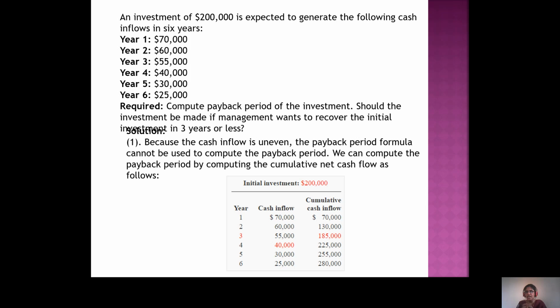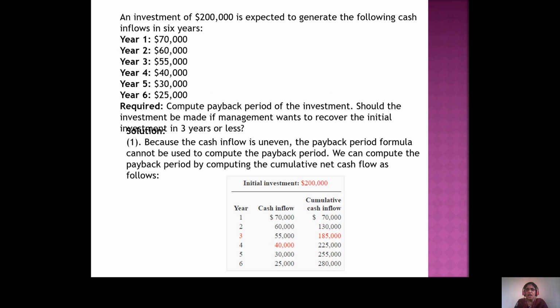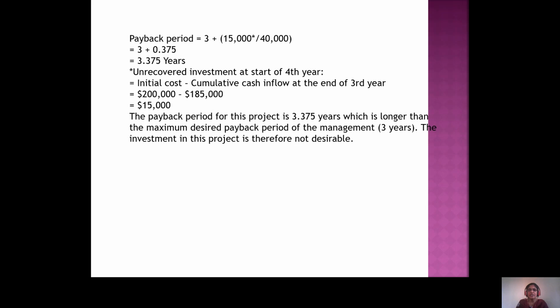It is 15,000. In the next year, how much am I adding? It is 40,000. So it is 3 plus 15,000 by 40,000, that is 3 plus 0.375, so 3.375 years. They have given 3 years or less, but we get 3.375 years.